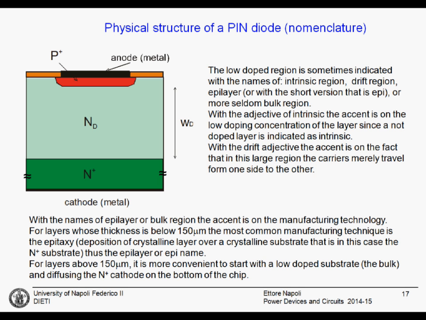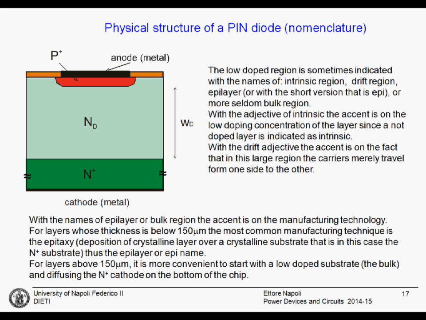This slide has been added, I will give it to you later, just to report some nomenclature. One big problem of these technical courses is that many times we use new words whose meaning maybe is easy, sometimes is not. And I wanted to add this slide to tell you that the low doped region is named with different names in different contexts or in different slides.